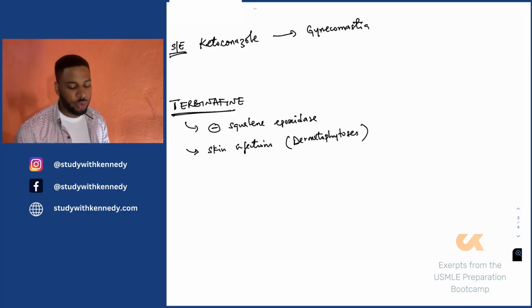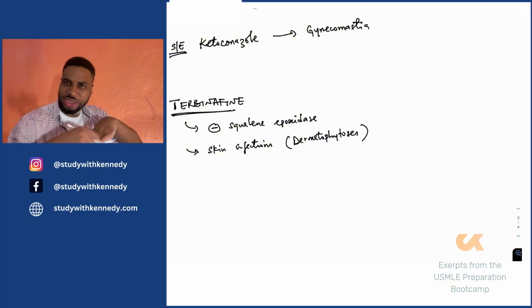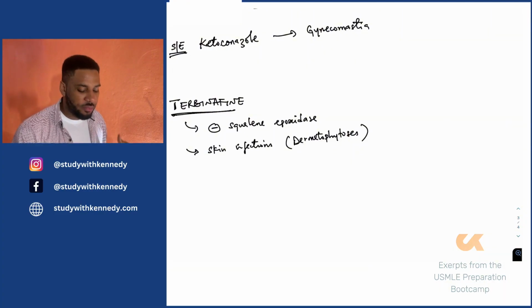Dermatophytosis. We use terbinafine especially for skin infections, onychomycosis, nails. So if someone has just basically skin and nail infections, you can think of terbinafine here. So we are not going to be using terbinafine for coccidioides or whatever the case is.